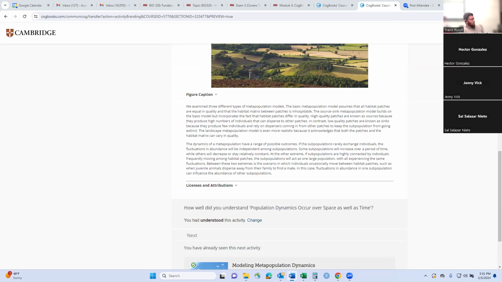Yeah, so the source-sink model just assumes that habitat patches differ in quality, right? In the basic model, habitat patches are all equal in quality. So the source-sink model gets a little more complex, but it's also therefore a little more realistic. What do we mean by source and sink patches? How would we describe a source patch?